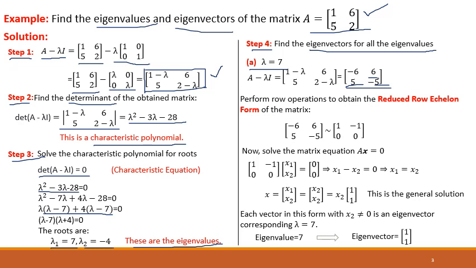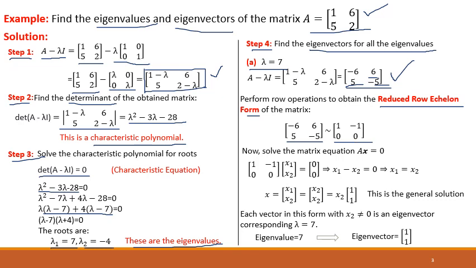Now we will apply row operations on this matrix to convert it into reduced row echelon form. And after applying several row operations, we will get its reduced row echelon form like this.